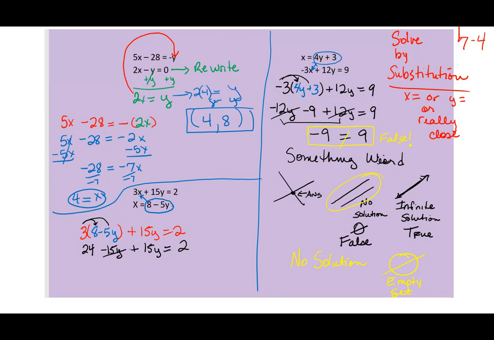Those cancel and I get 24 is equal to 2. I think that's supposed to be a 24. Let's make it a 24 so that we have a true statement, and this is infinite solutions.